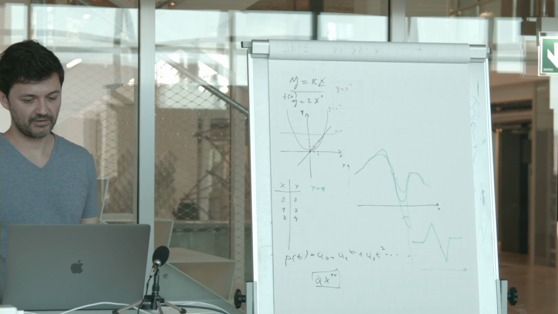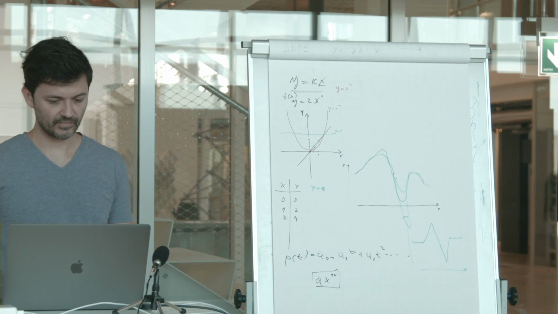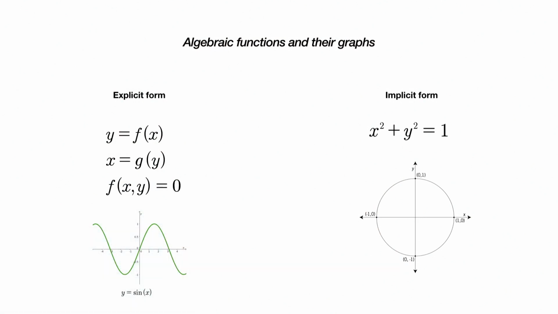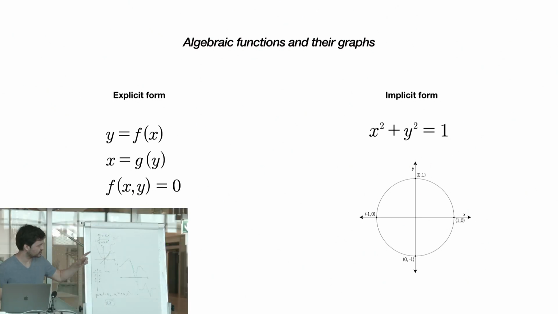But there can also be a different form of a function, for example, the one on the right. This is how we represent a unit circle in analytic geometry. Here, there is no direct correspondence between x and y, but an interdependence of x and y, and this relation is equated to a constant, which is equal to the radius of the circle.